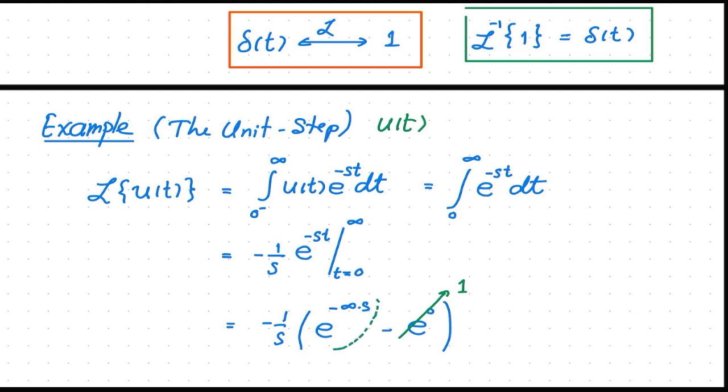This is not as easy as it looks, because this term will converge to 0 when s is positive. If s is negative, it will not converge. So this is going to be 0 if the real part of s, remember s is a complex value, so when we say s is positive, we mean the real part of s is positive.